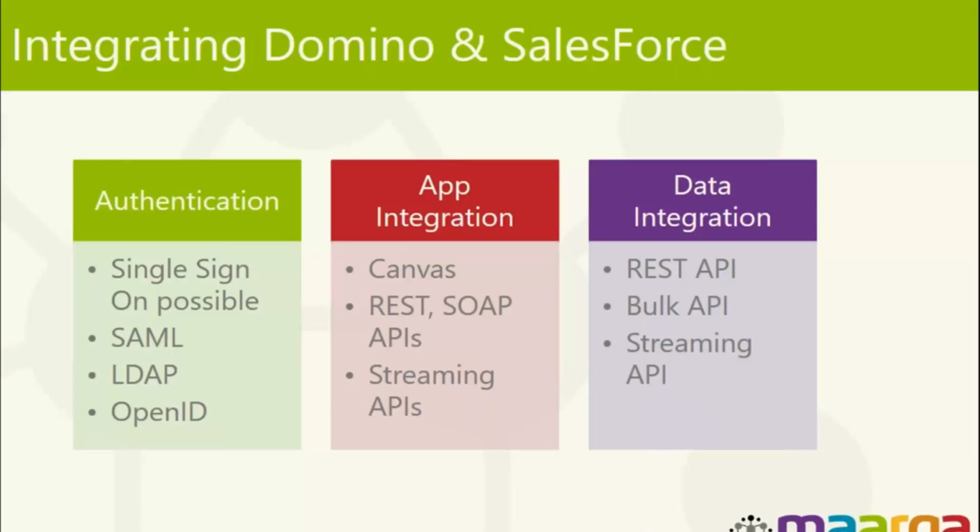You're not calling any methods or functionality, but you just want to pull data from A to B or B to A, especially from Domino to Salesforce. So you have the ability to use things like bulk APIs, which allow a set of records to be updated at the same time. So there are multiple different options available for integration.